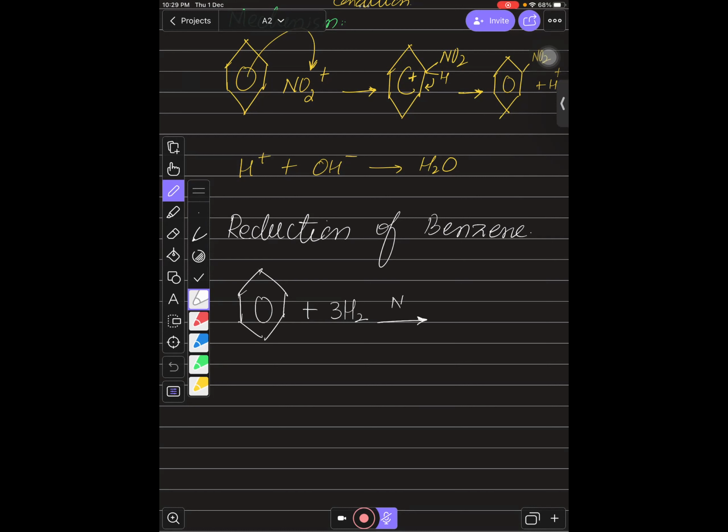And we must have what? Nickel catalyst for this. We know that hydrogenation of alkene wants nickel catalyst along with 200 degrees centigrade. We need to do this with the same process, and what you will find in the end is that all the bonds are broken down and benzene is now converted into cyclohexane. All right, bacho? Yes, sir. So these are the chemical reactions of benzene that you need to remember, right?